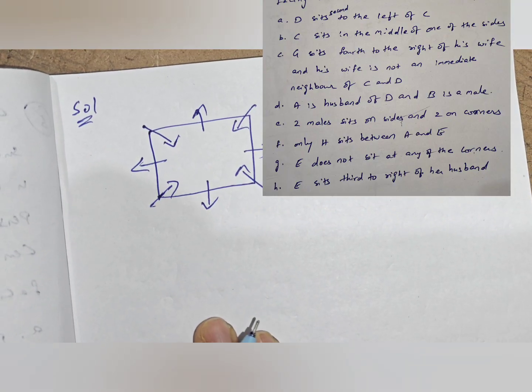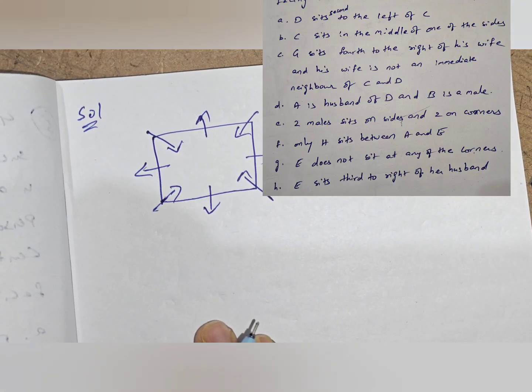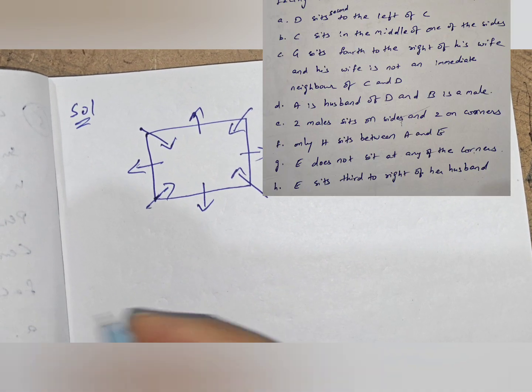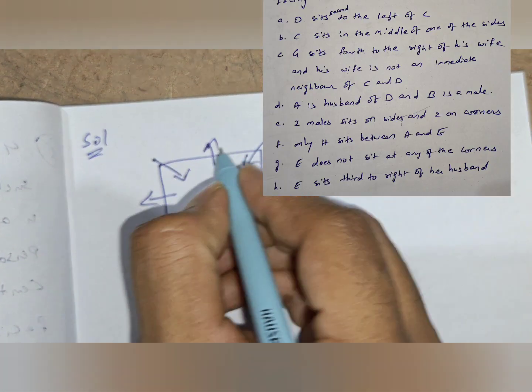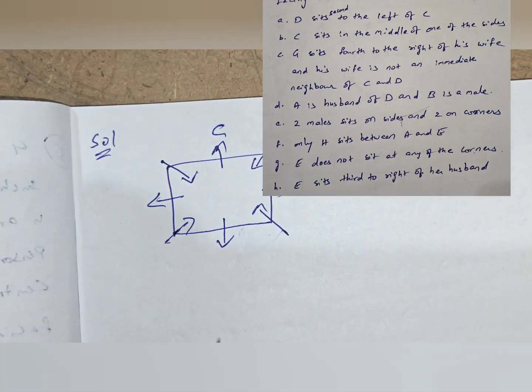Here, if we see the statement about C, C sits in the middle of one of the sides. So let us assume C is sitting somewhere. Okay, let us assume C is sitting here.